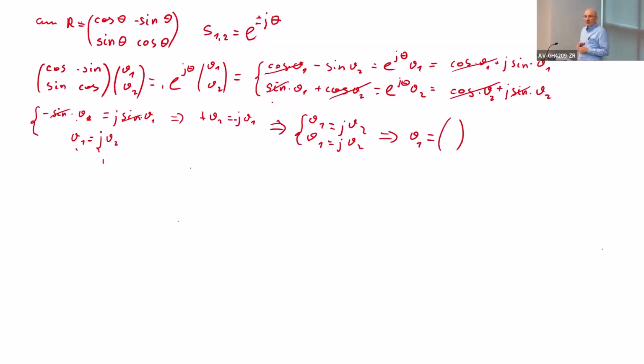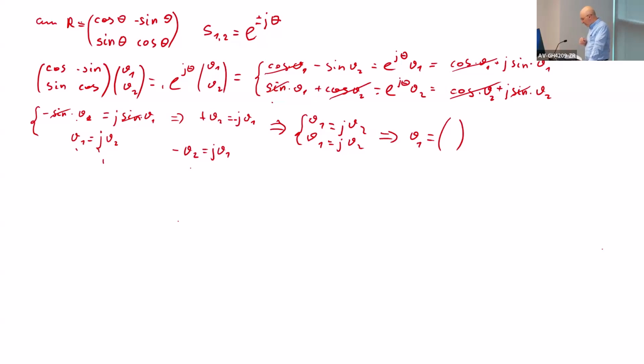So what do we choose as a vector? Both equations are the same, right? So you need to pick one variable, which is just some constant, whatever it is, and the second one you can pick based on that equation. The second one is j times the first one. What happened to that negative sign? We had minus v2 equals j v1.